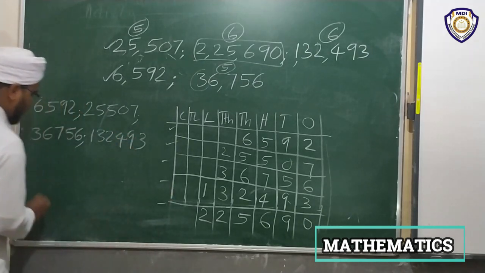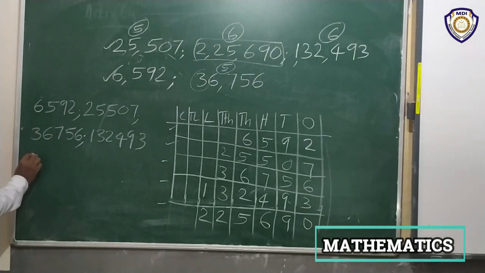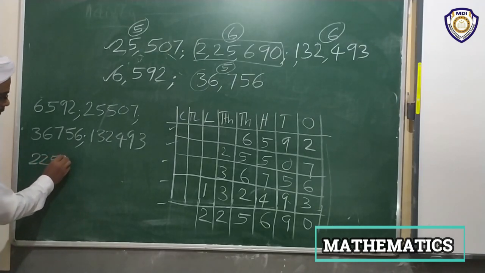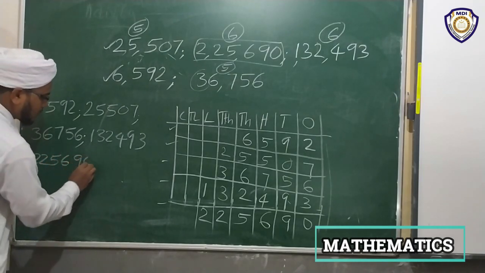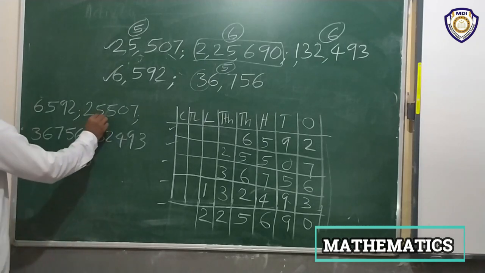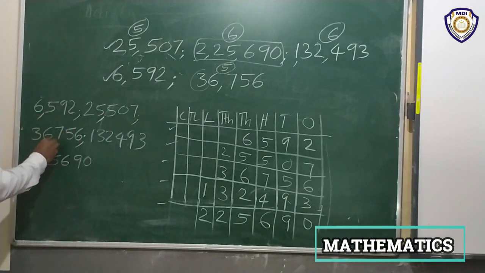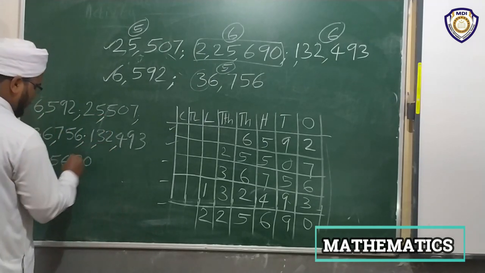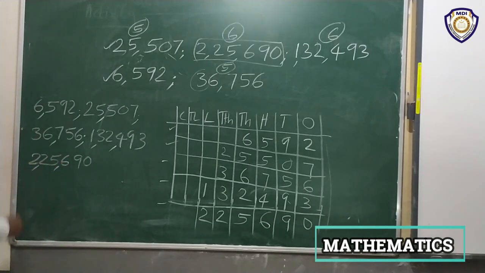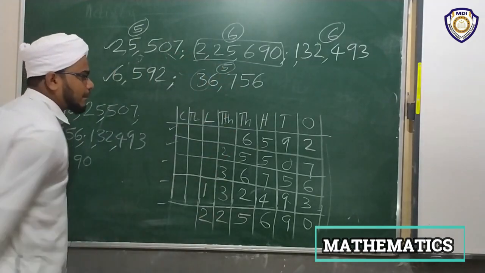Then this is the largest. Okay. This is the ascending order of these numbers.